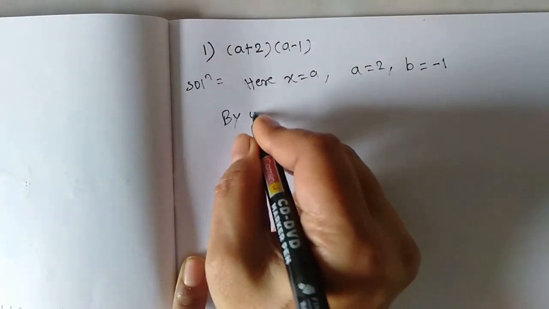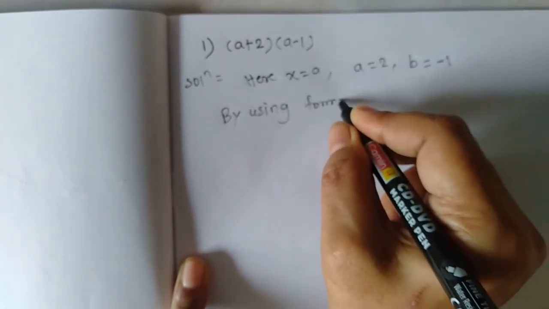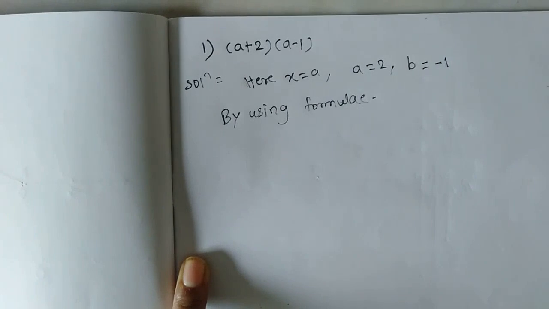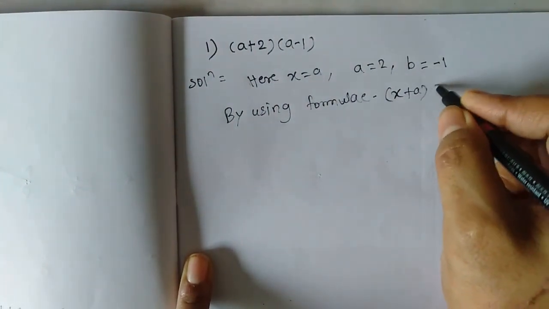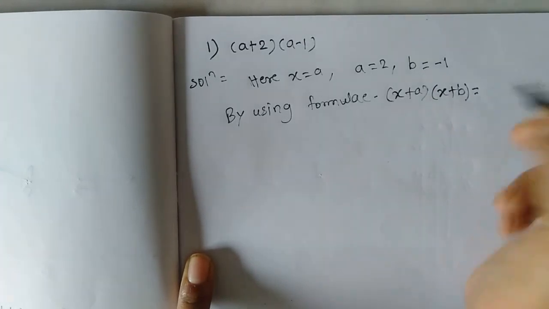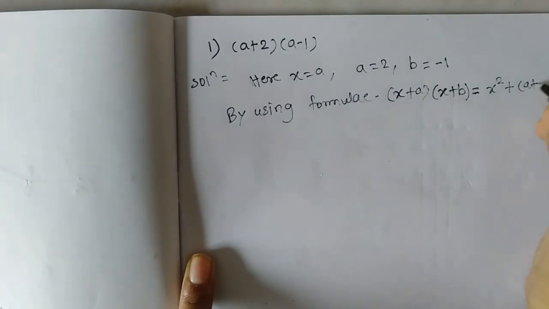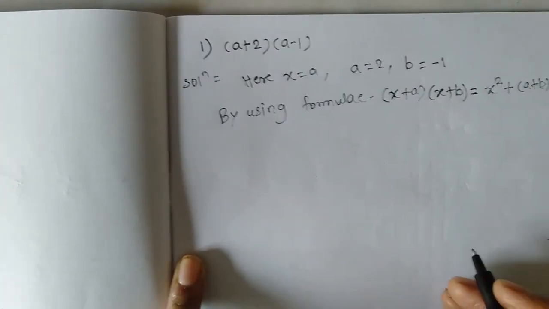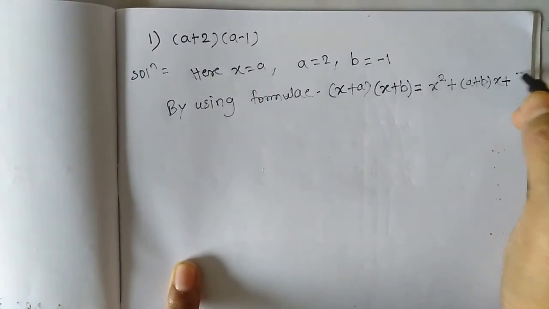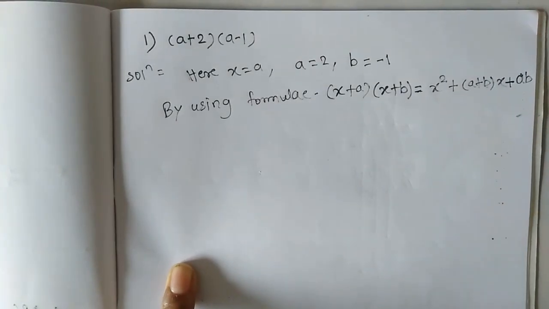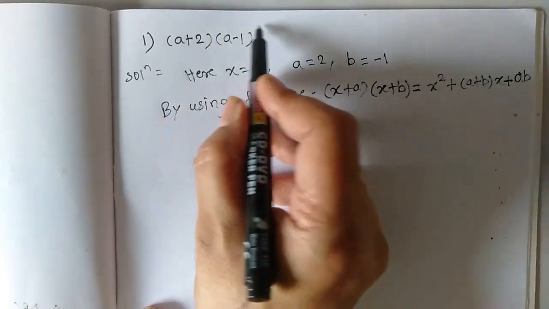So by using the formula, (x plus a) into (x plus b) is equal to x square plus (a plus b) into x plus a into b. Apply this formula on this question.